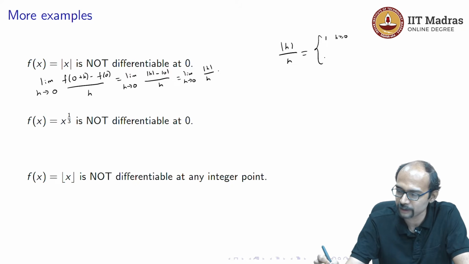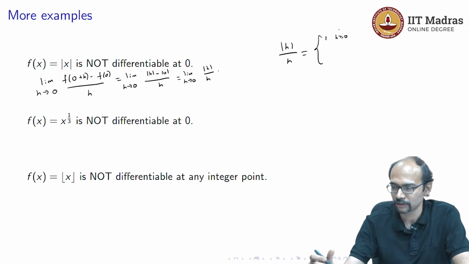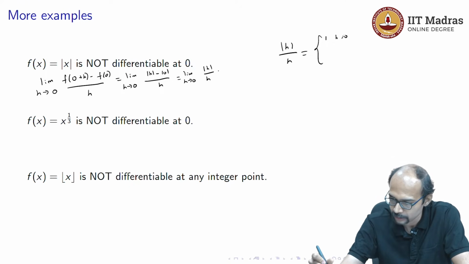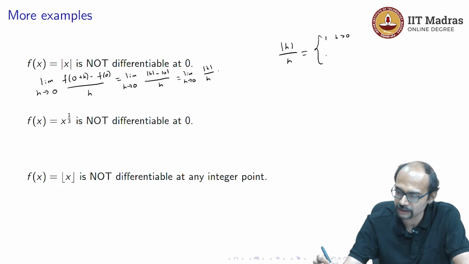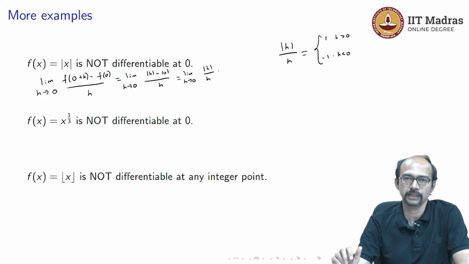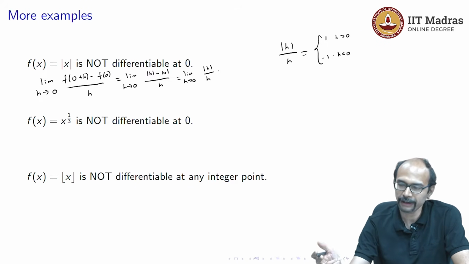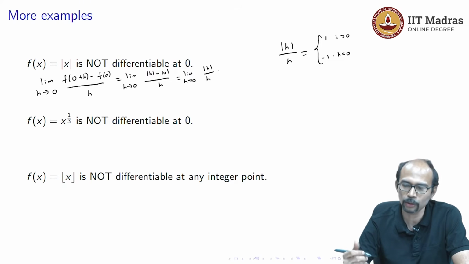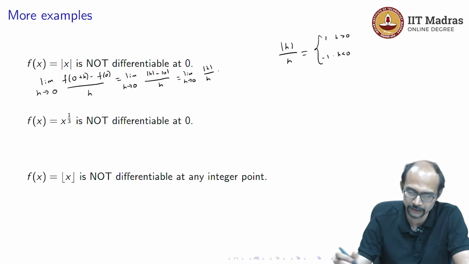And if h is negative, then mod h by h is minus 1, right. Of course, it is not defined a priori when h is 0, but anyway we want to only compute the limit as h tends to 0.